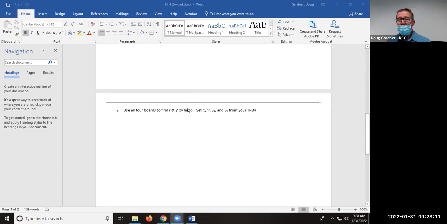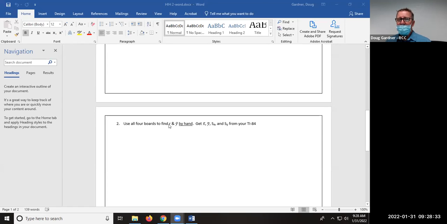We said that according to your note sheet from the last section, you can find R, the correlation coefficient, using a complicated formula. You should be stealing, as I said here, x bar, y bar, s of x and s of y from your TI-84. And then we had a method to find the R value and y hat.